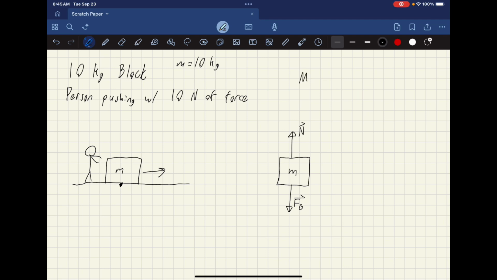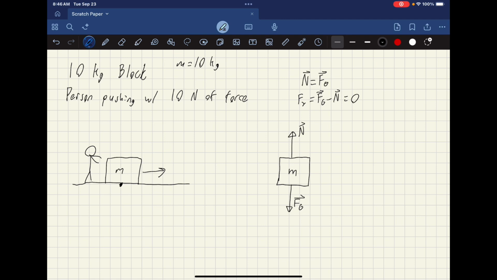So you could say that N equals FG. Because if you were to sum the forces in the y direction, you would get that it is FG minus N. But because it's not moving in the y direction, we know that this equals 0. Okay, so that's our forces in the y direction.